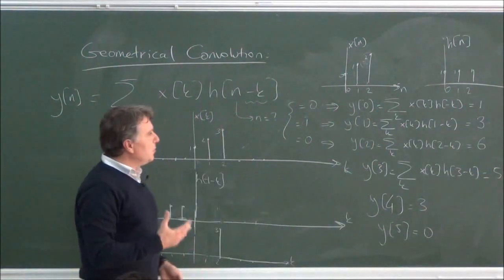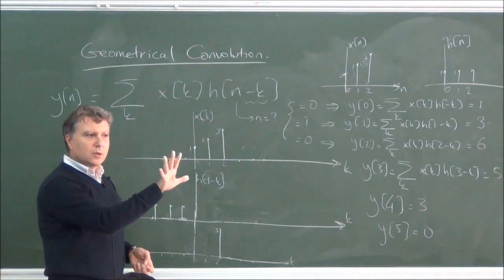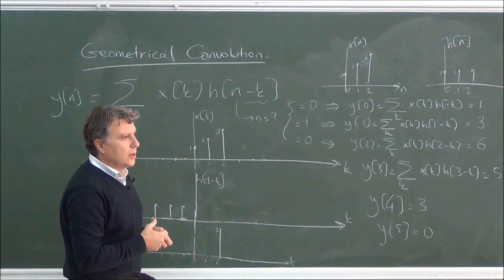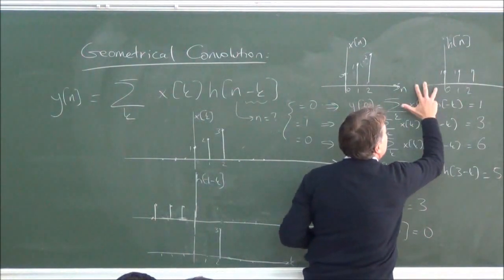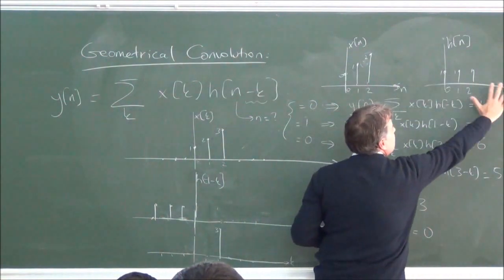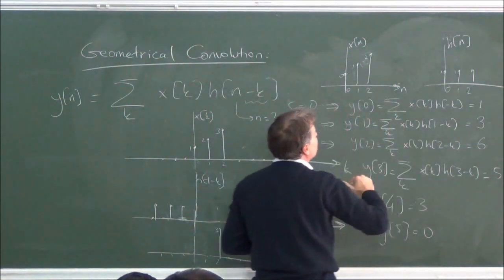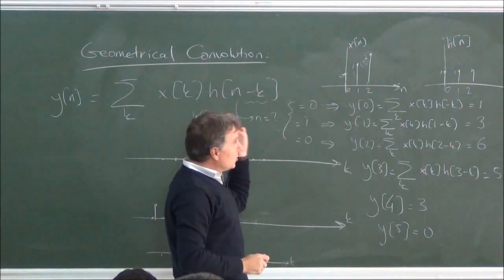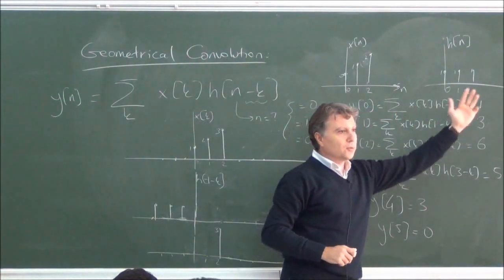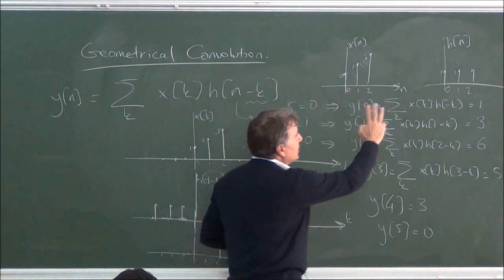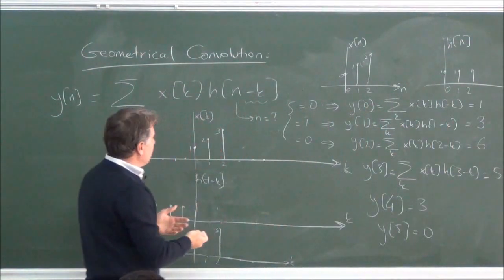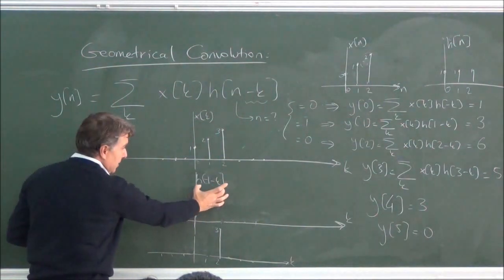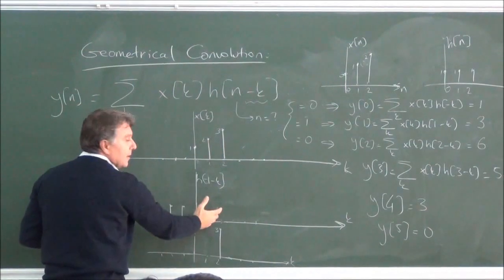And how did we do that? We did it by flipping around the second convolution item, which is, for this case, h. We flipped around h and slide it to the left and to the right. To the left will correspond to indexes of the output of y of minus 1, minus 2, etc. To the right, y of 0, y of 1, y of 2, y of 3, etc. So we flipped around and slide, and meanwhile, this flipped around and slided h of n minus k here is multiplied by x of k.